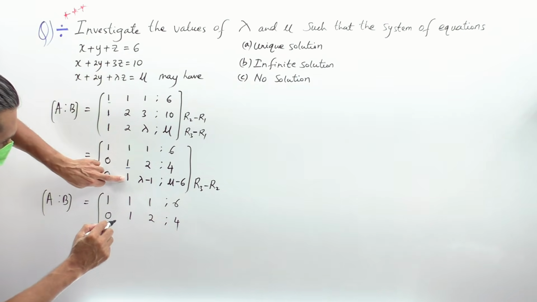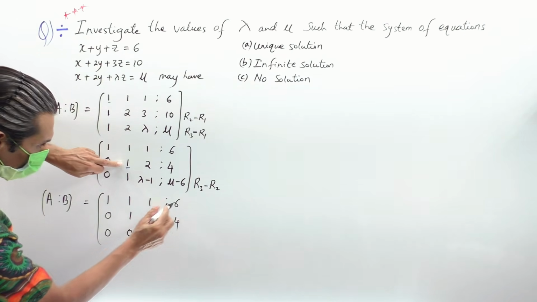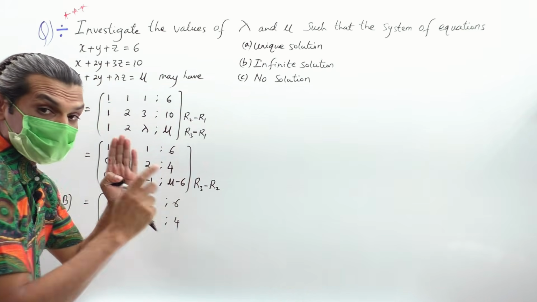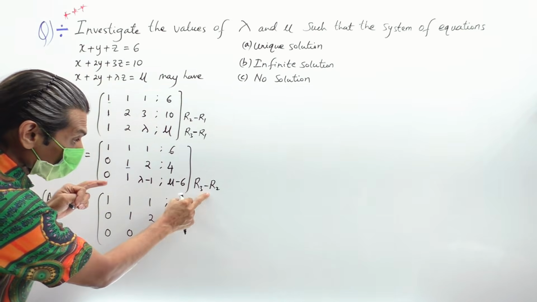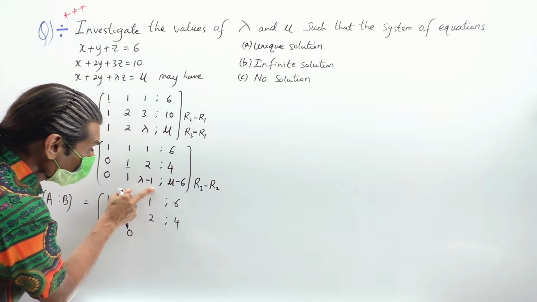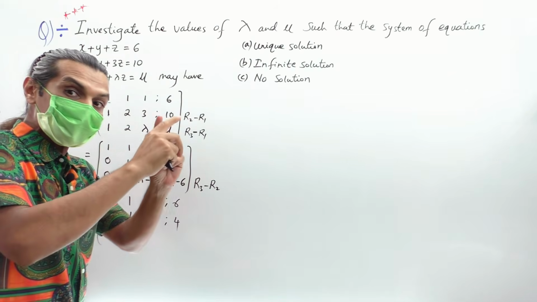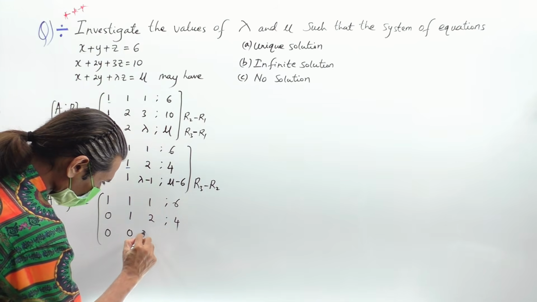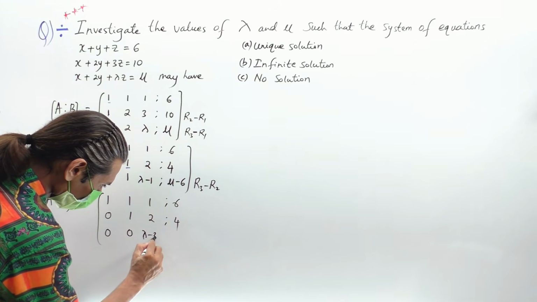Now see, 1 minus 1 is 0, row R3 minus R2. Be careful here. Lambda minus 1, R3 minus R2, right? Lambda minus 1 minus 2. Minus and minus 2 is what? Minus 3. So lambda minus 3.